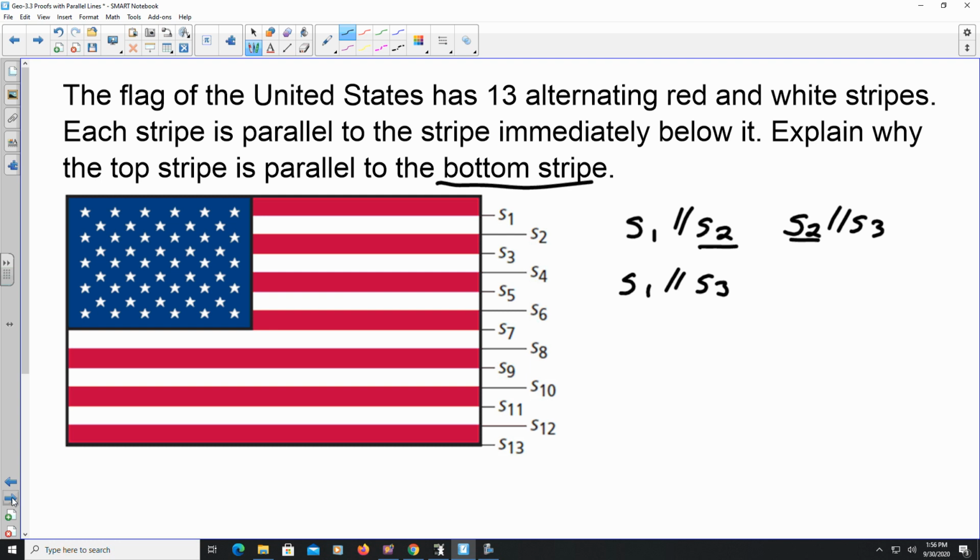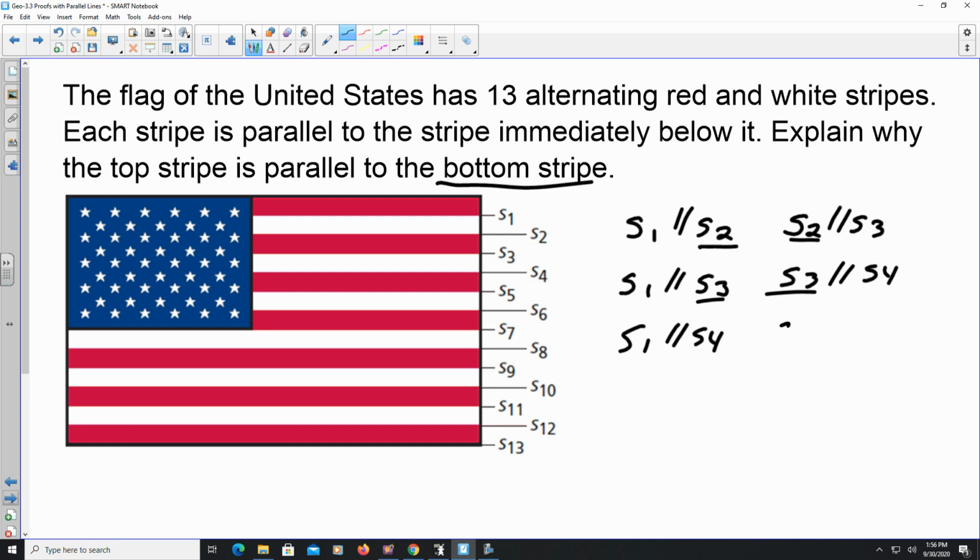What you're eventually going to do is just keep going with that, and then you're going to say, okay, well, S3 is parallel to S4, and oh, look, they share that transitive property of parallel lines. Now I can say that S1 is parallel to S4.